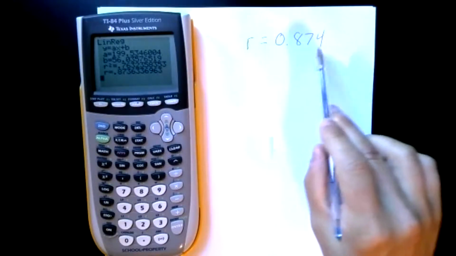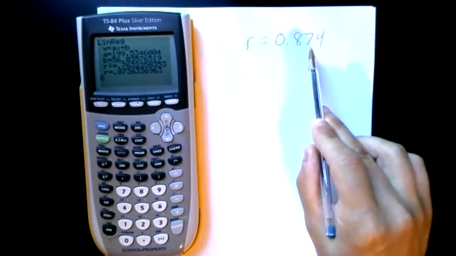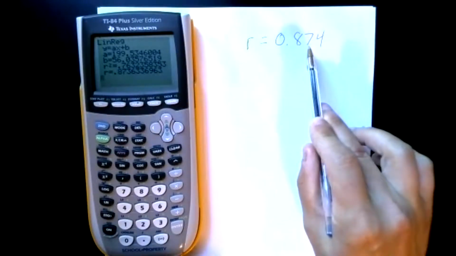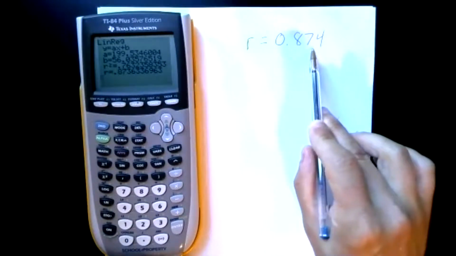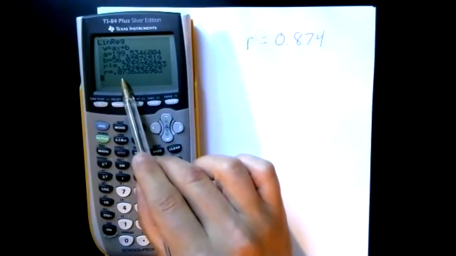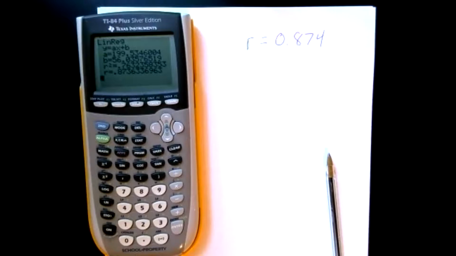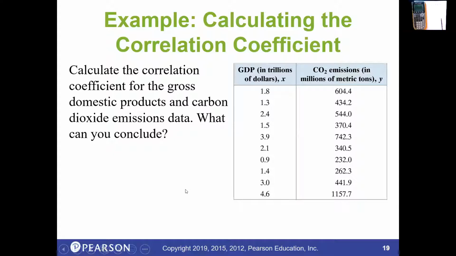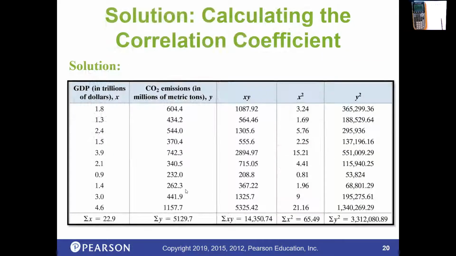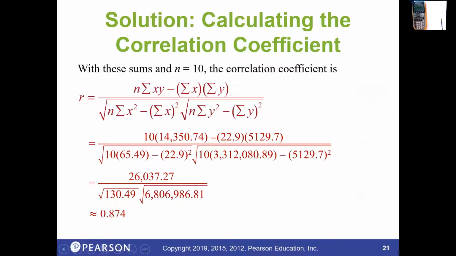You can call that around 87%, which is semi-strong positive correlation. Now, this R value can also be negative, and that's okay. It just means the line is decreasing. And there is the R value.